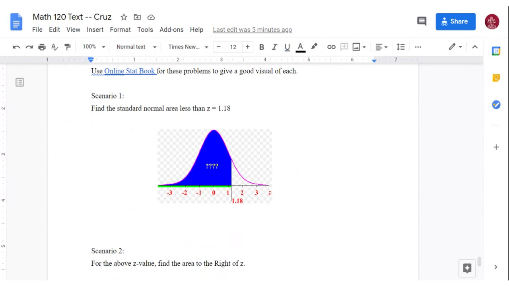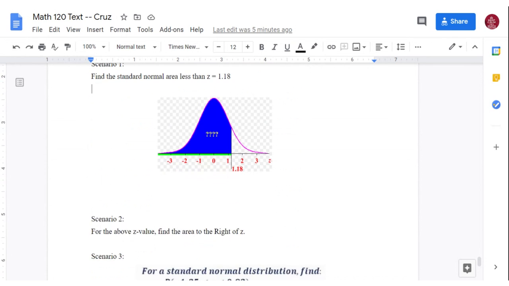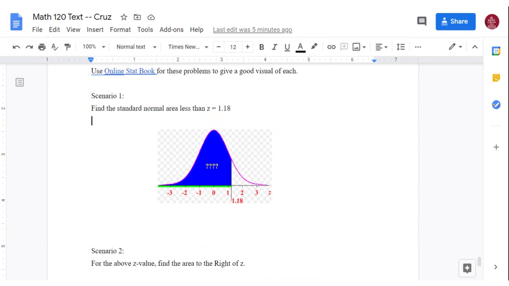But let's just say we've got a z-score of 1.18 and we want to find the area that's less than. Now, in your book, in ALEKS, they've got 2 different ways to do this. They'll give you access to a little chart, and they'll also let you use the little calculator to do it. But I'm going to use that thing that we just used.